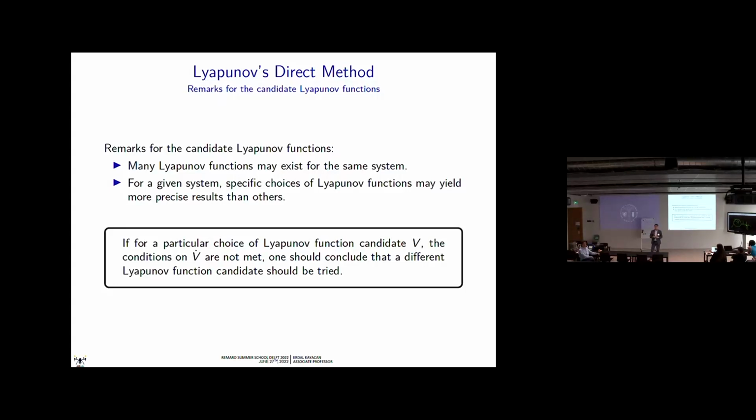Yes? I had a question as well. When would you choose the direct method versus the indirect method? Because it seems like the indirect method can give some inconclusive conclusions. Yes. So why would you not always do the direct method? Because it's more difficult to find the correct Lyapunov function with the direct method. It's a stronger tool, but it's more difficult to apply.